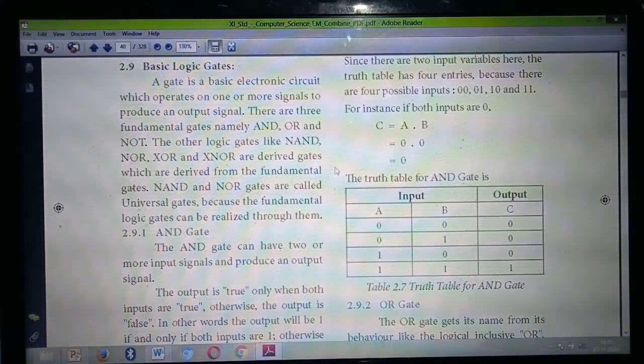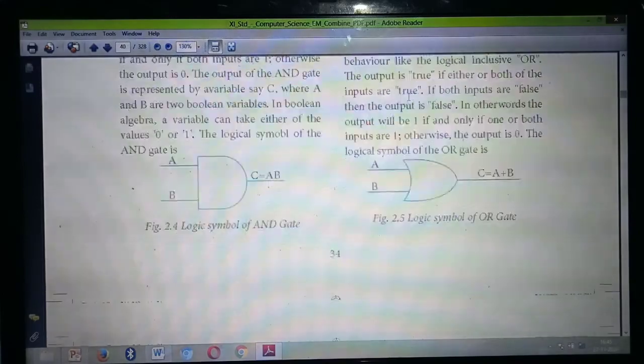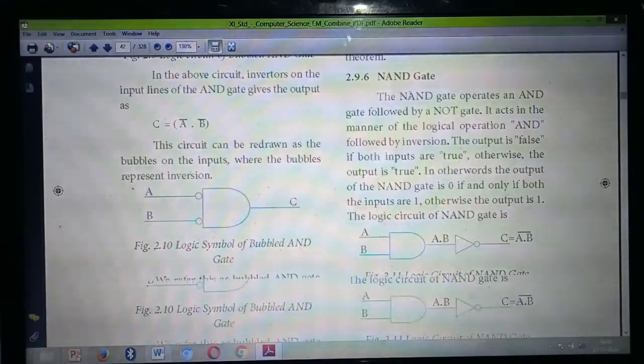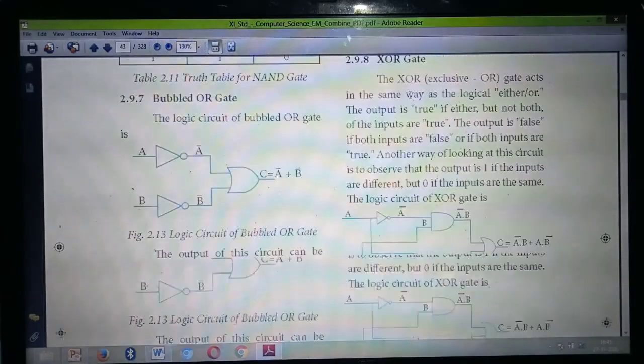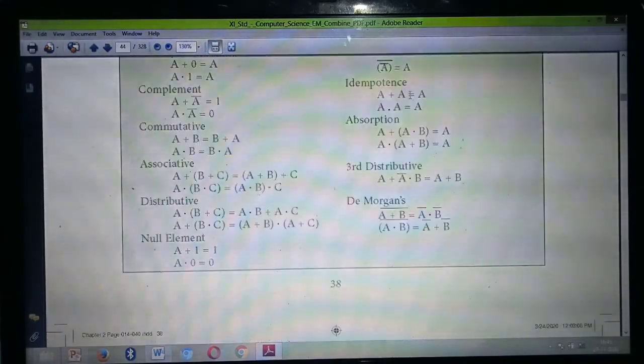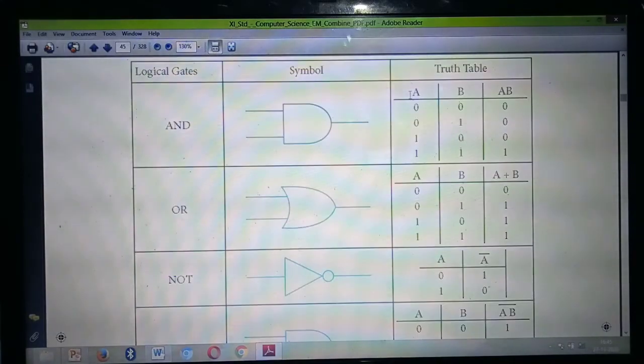Have you all marked all the 2 mark questions? Then the 3 mark questions. First question, take page number 39. First 3 mark question: truth table of fundamental gates.